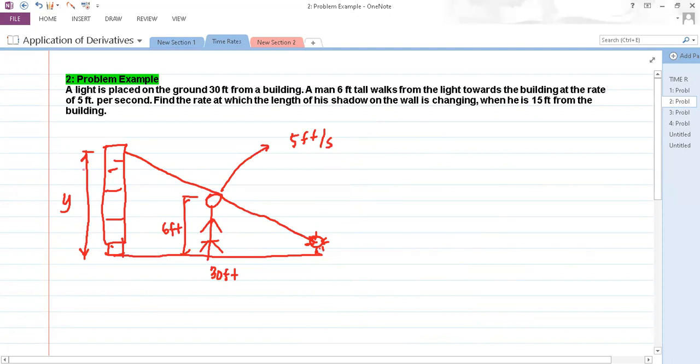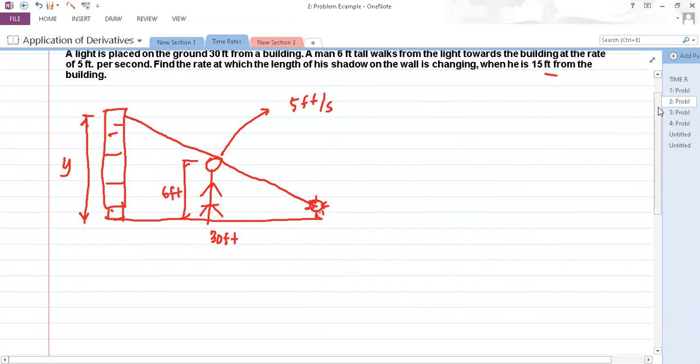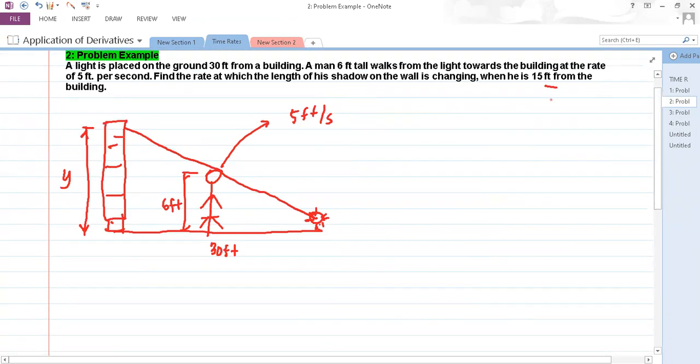Okay, so the change in the shadow, when he is 15 feet from the building. Okay, so from this figure, we can create now our conditions.